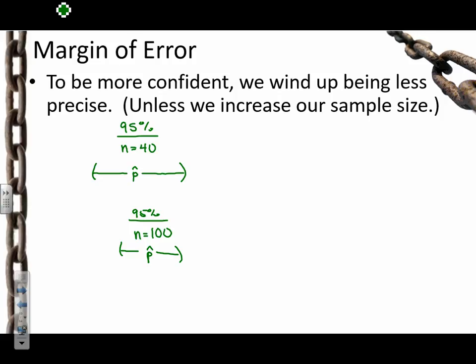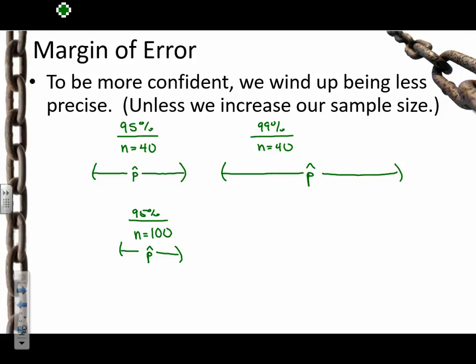Right? Same thing can happen if I want to increase my confidence. If I wanted to increase my confidence and I stay at n equals 40, so if I wanted to go to like 99% confidence, but n was equal to 40, I'm going to have a much wider interval than I started with.